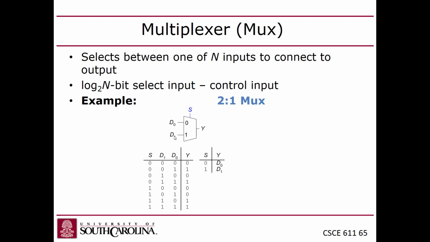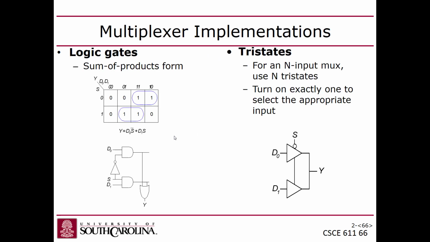Multiplexers can be implemented with gates or with tri-states. Usually however they're implemented is typically not shown. It's abstracted away. You can also use multiplexers as a direct way to implement a truth table, just hardwire the inputs.